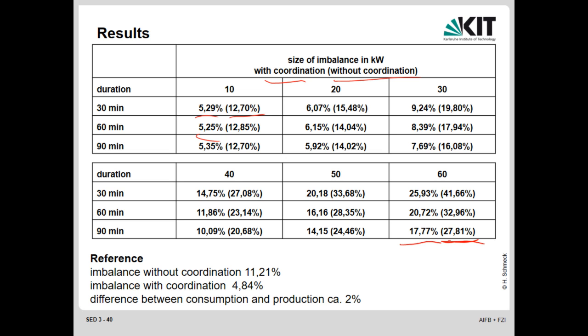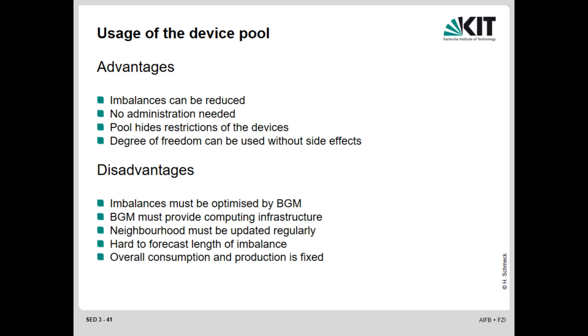So it just shows this scheme obviously has some benefit. It can work. It's not working completely, so you cannot do too much. You have to comply with the restrictions of the devices. But nevertheless, you reduce the need for extra balancing power. So we can reduce the imbalances.